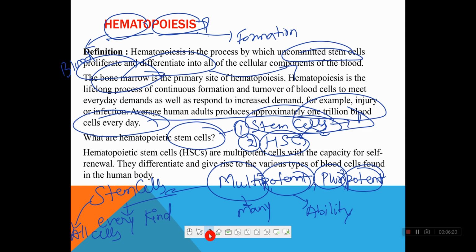The stem cell will produce all kinds of cells, while a particular kind of sub-stem cell will produce only its kind. Like the hematopoietic stem cell will only produce the blood cells. The osteopoietic stem cell will produce the osteocytes only, which are the bone cells. So these are the different kinds of subcells which the stem cell produces.